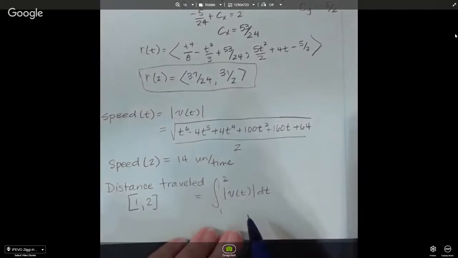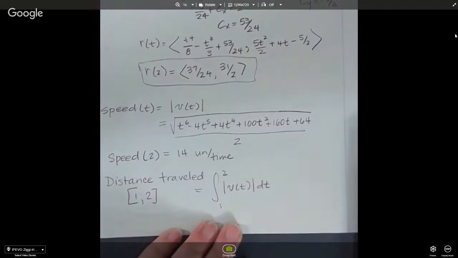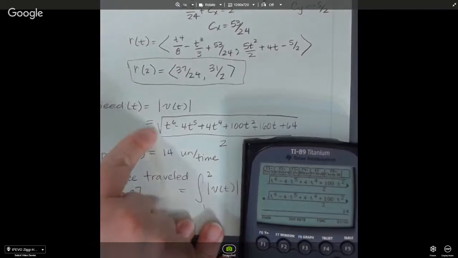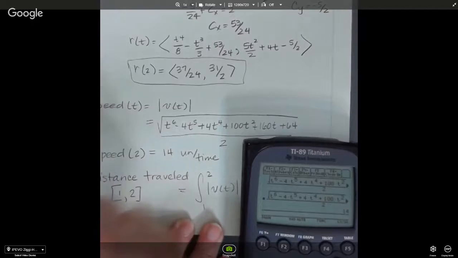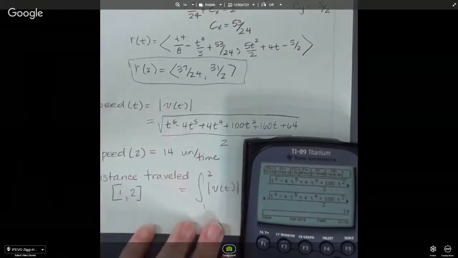So we're integrating the speed here. And this is, again, a norm on the calculator. Okay, so I'm going to pretend that I am doing this without knowing what the speed function is as a function of time. I'm going to use the velocity vector and the norm feature, okay?